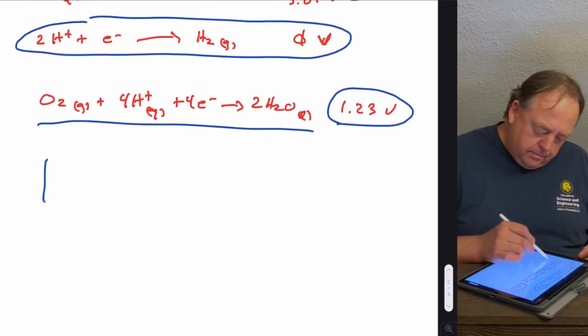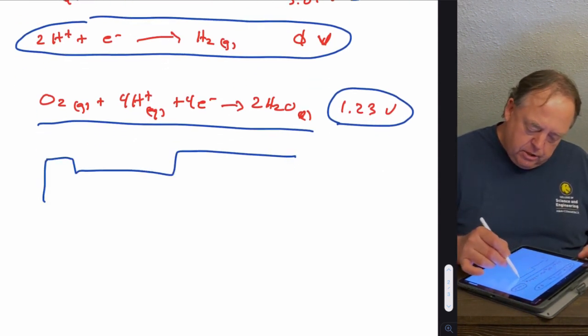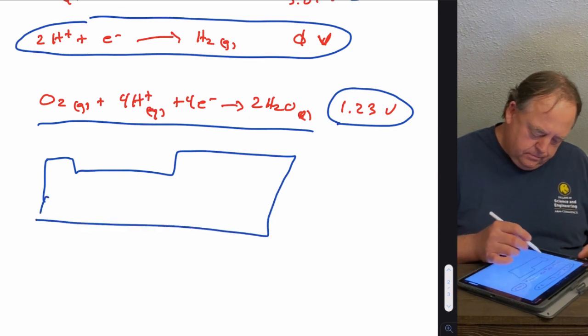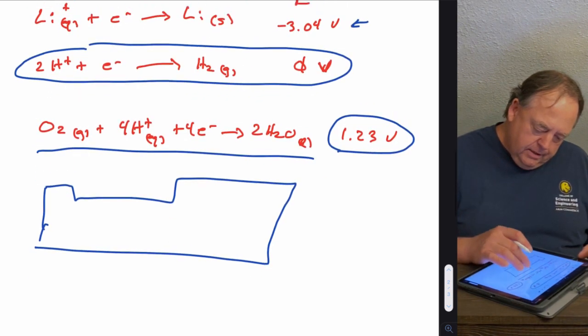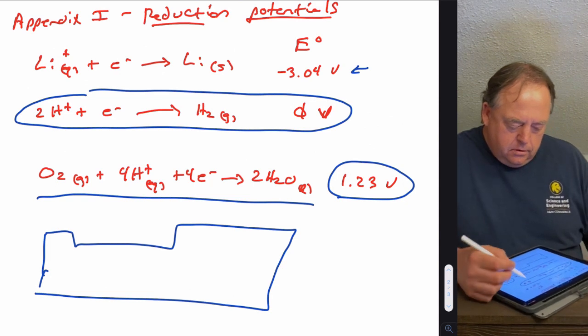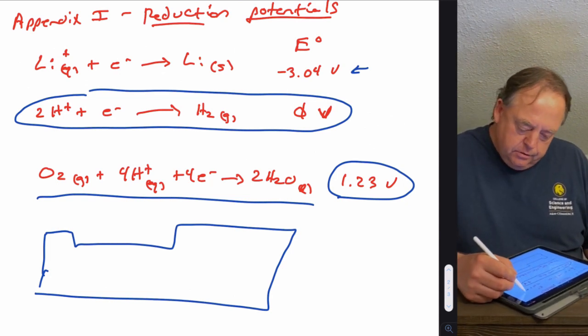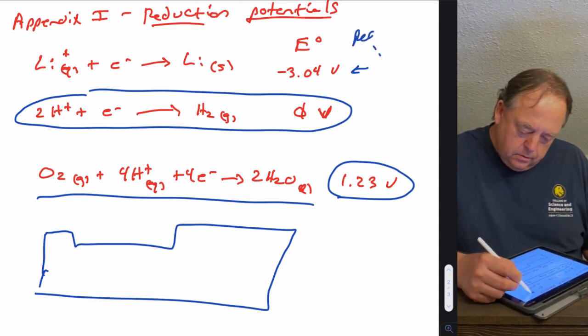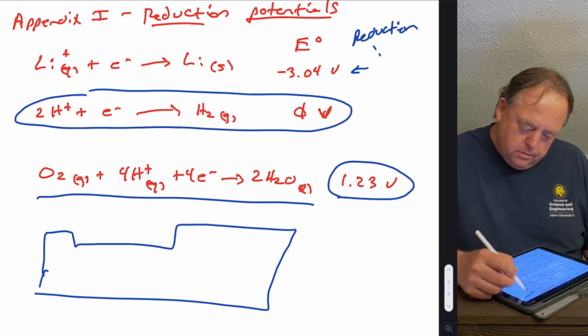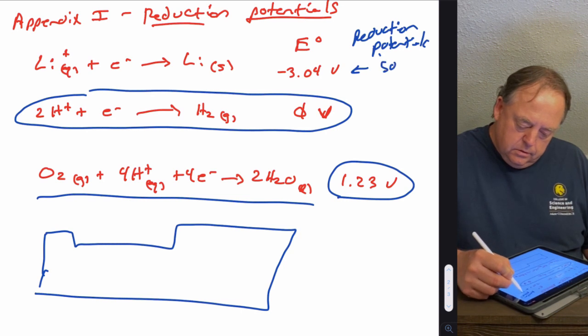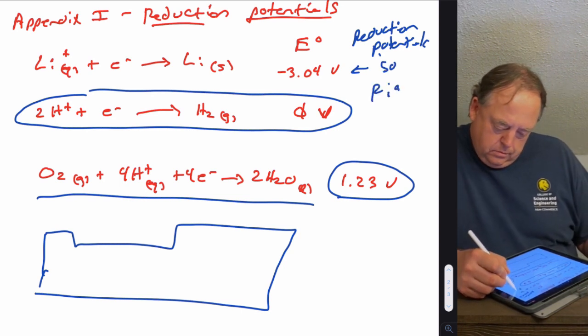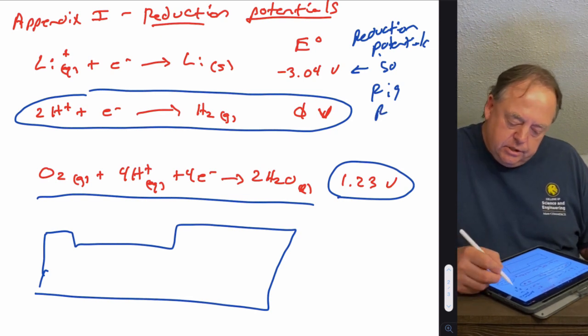Okay, so lithium and oxygen. Also, and again, note that these are reduction potentials. So reduction is gain, right?